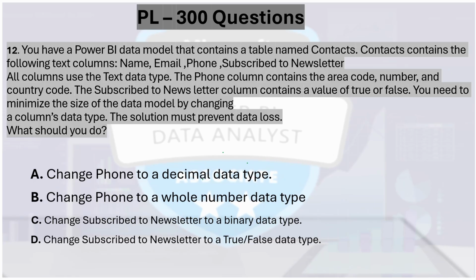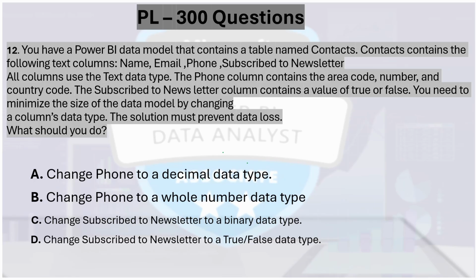The subscribe to newsletter column contains the value of true or false. You need to minimize the size of the data model by changing a column data type. The solution must prevent data loss.